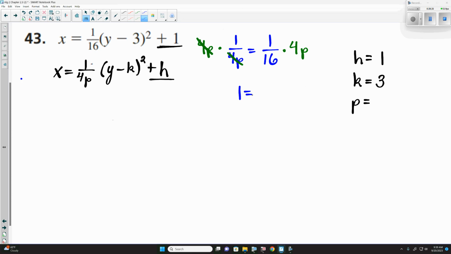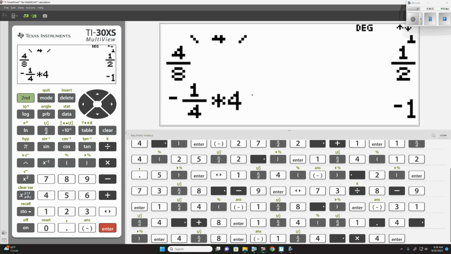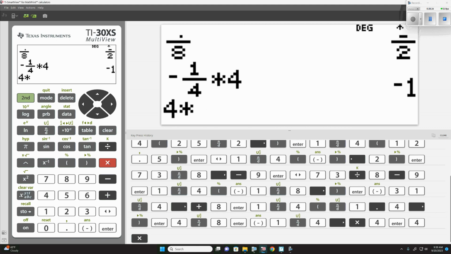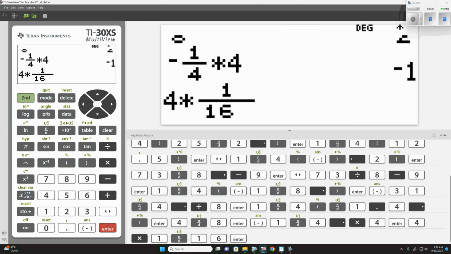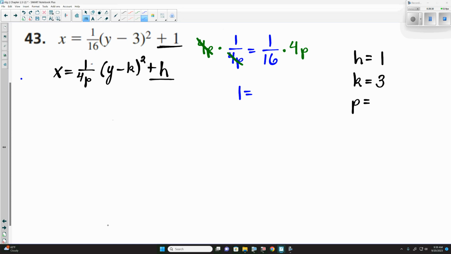So we multiply the 1/16 by 4, which I think you're almost there. 1 over 4. Yep, so it would be p over 4.